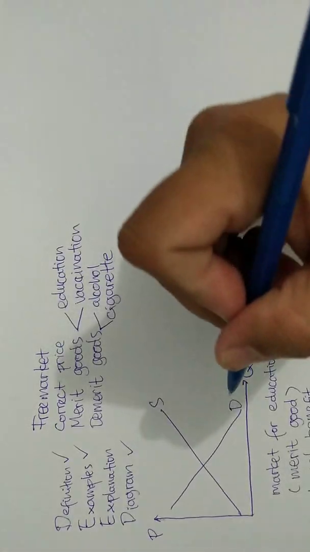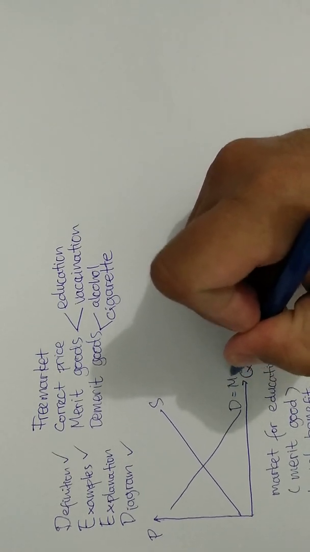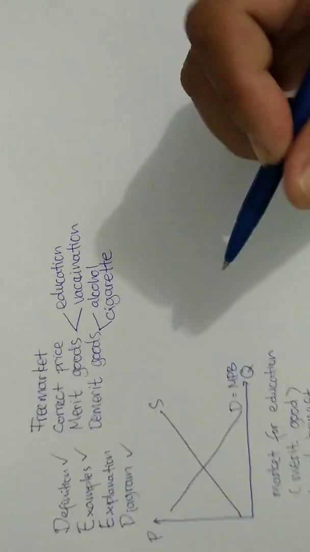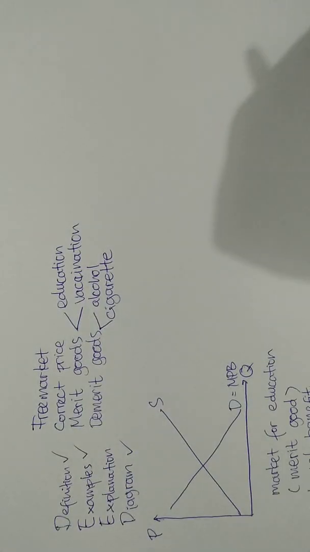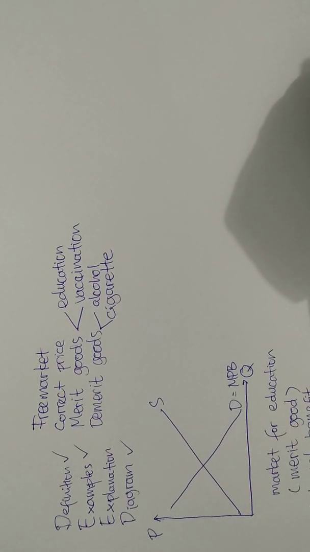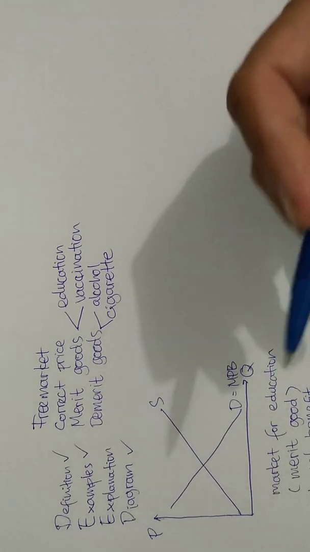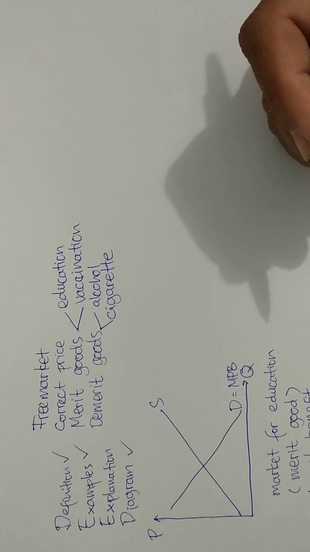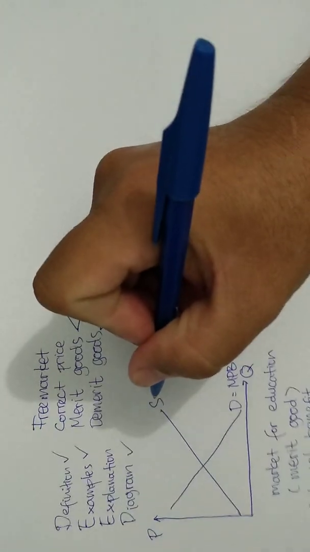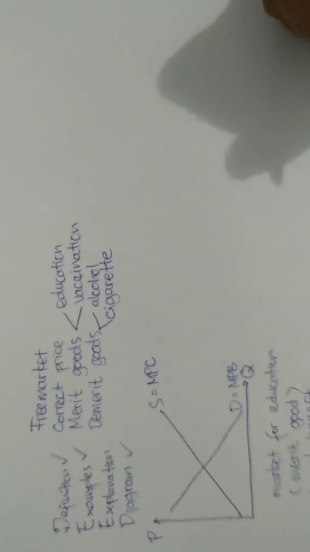Now, demand is actually the marginal private benefit curve, because it is showing the marginal benefit that the consumer itself is having for every level of quantity. Now the supply curve is actually the marginal private cost.